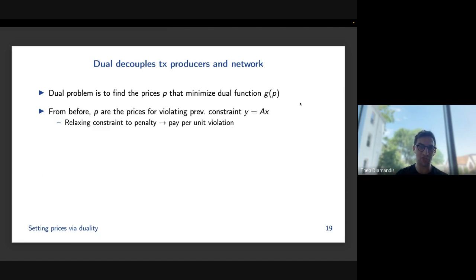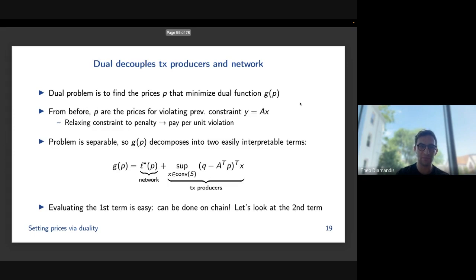The mechanism interpretation is that we're paying per unit of consumption of this resource. The way to think about it is that the prices P are going to try to force the transaction submitted to be that of what the network wants. So force Y and AX to be closer and closer together.